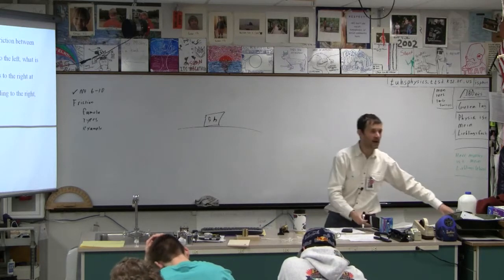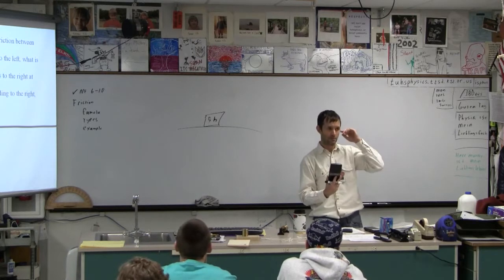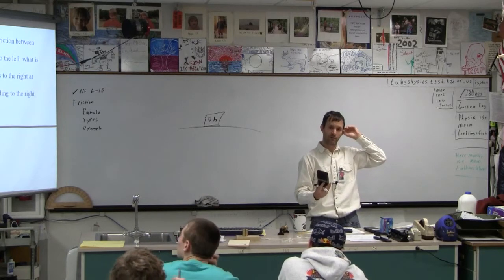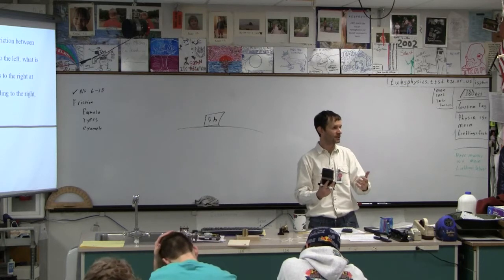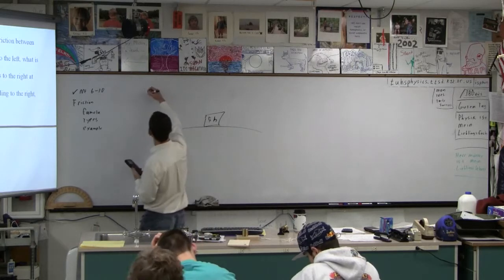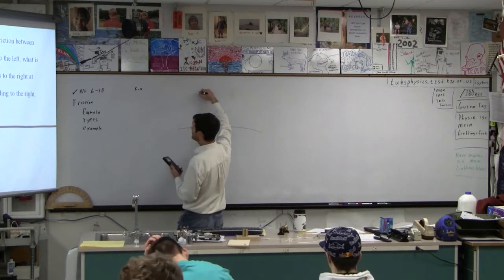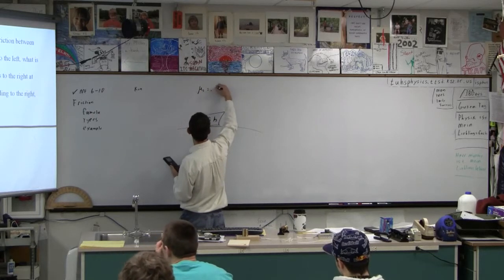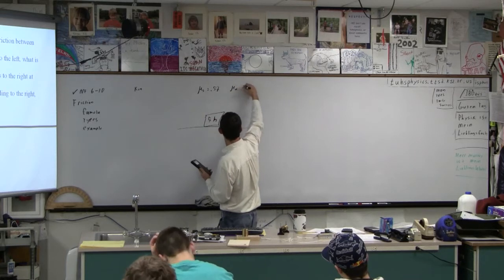And notice, why do I say maximum static friction? Because we have no way of knowing what the static friction is. Static friction is whatever it takes to keep the object sitting still, and we don't know what force is being applied to it. Our coefficient of static is 0.57, and the kinetic is 0.32.